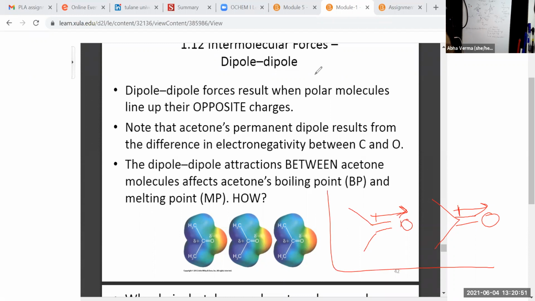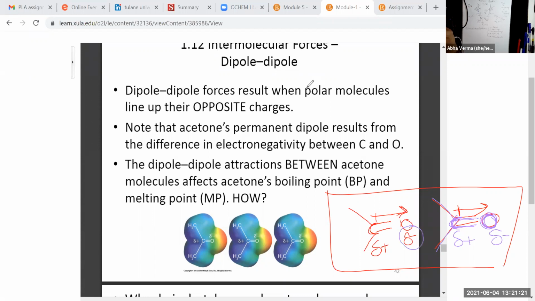If you have a neat material, what will be the partial charge on this oxygen? Negative. What will be the partial charge on this carbon? Partially positive. Similarly, another molecule of this acetone or this particular functional group, this carbon, which is directly attached to oxygen, will be electron deficient, whereas this oxygen will be electron rich.